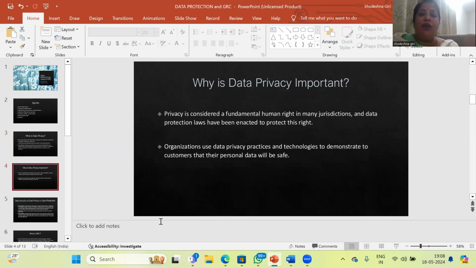Now, coming to why data privacy is important. Privacy is a fundamental human right in any jurisdiction, and data protection laws have been enacted to protect that right. Organizations use data privacy practices and technology to demonstrate that their personal data is safe. For example, in the banking sector, we transact a lot of money on this platform.